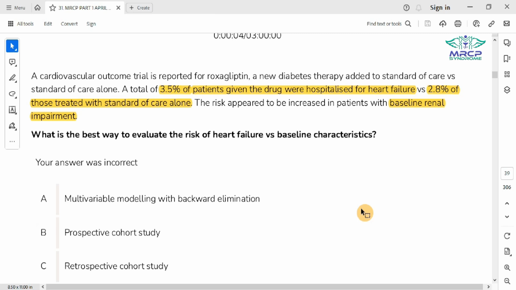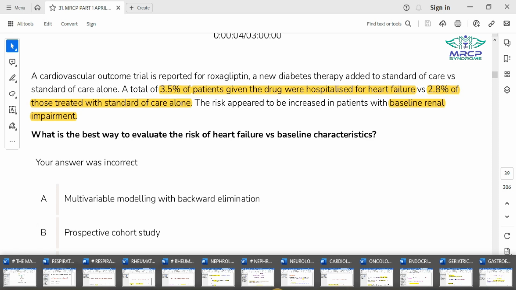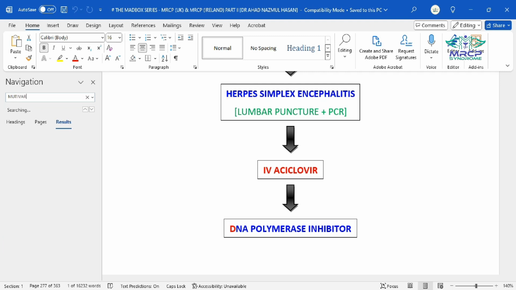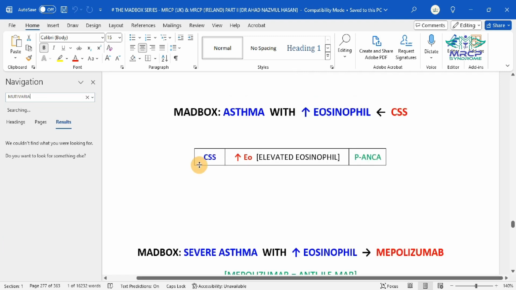So evaluation of the heart failure versus the baseline characteristics. This is a new concept and there's nothing to understand. You just need to memorize. You'll be going for the multivariable.